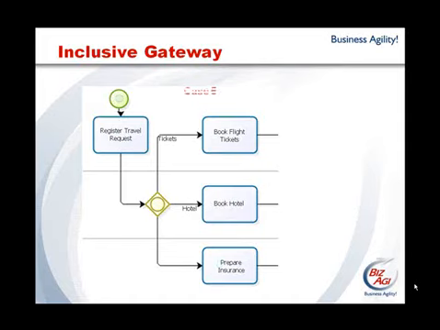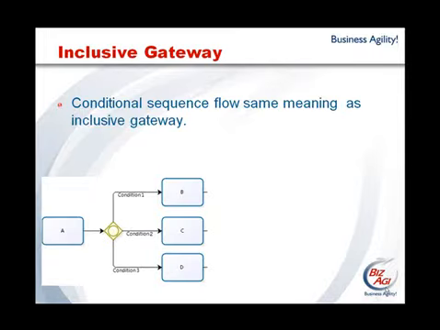Or tickets and travel plan without insurance, etc. As you can observe, the inclusive gateway used as an element of decision allows us to represent these multiple choices.